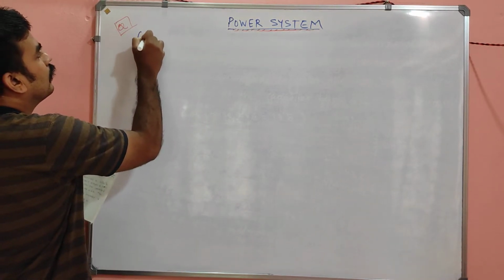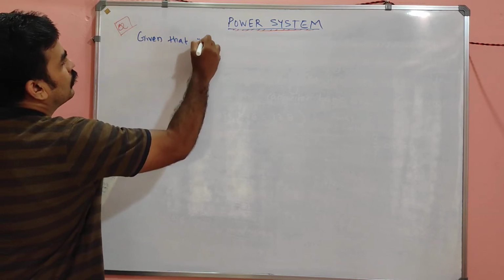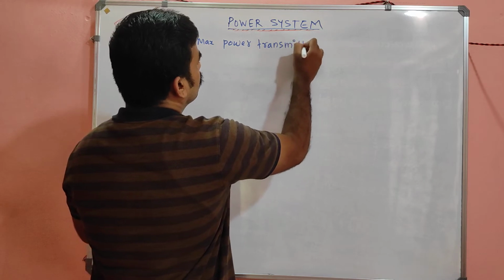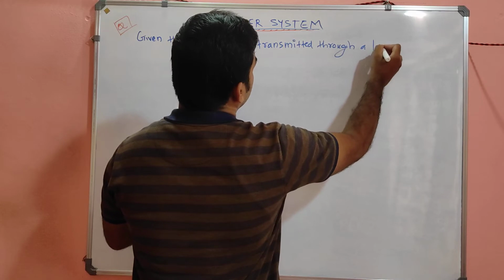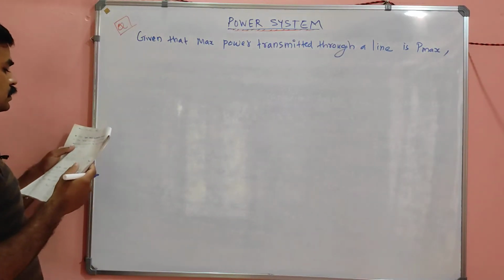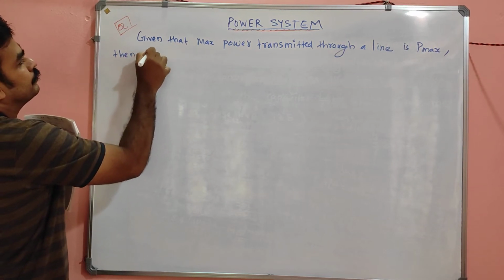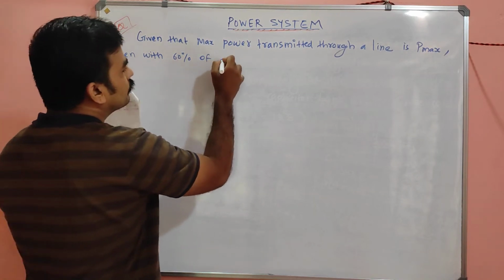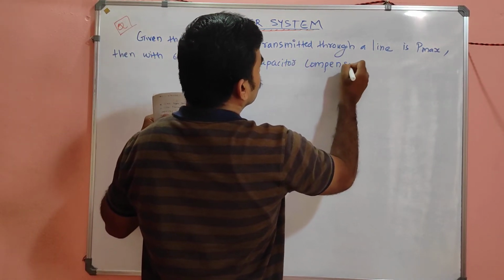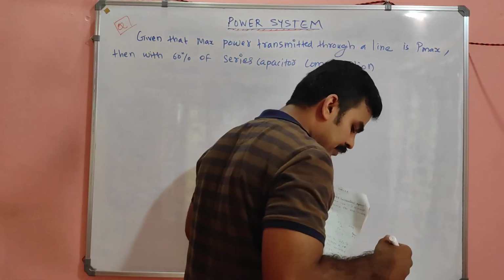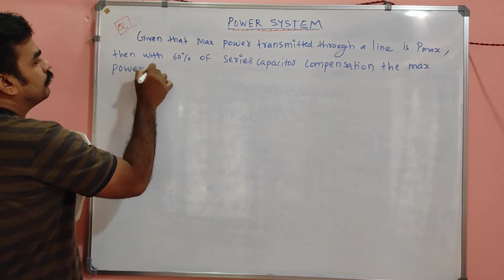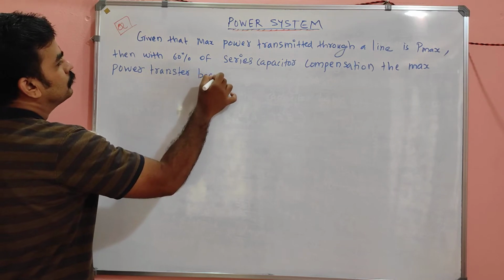Given that the maximum power transmitted through a line is Pmax, then with the 60% of series capacitor compensation, the maximum power transfer becomes what?